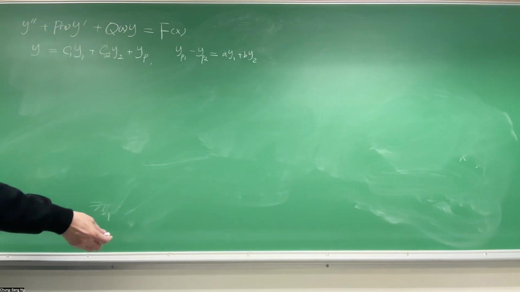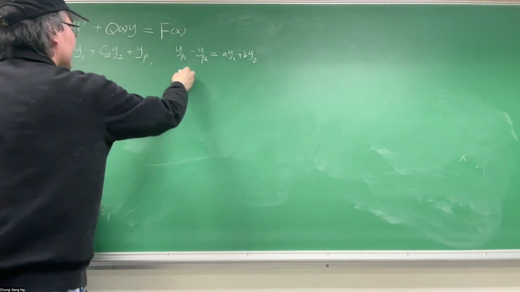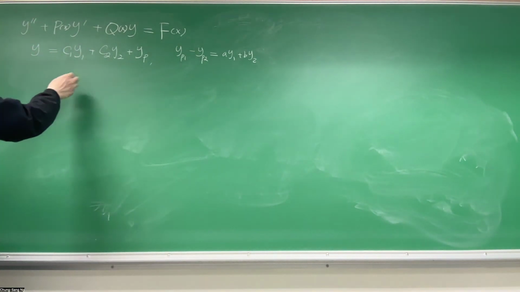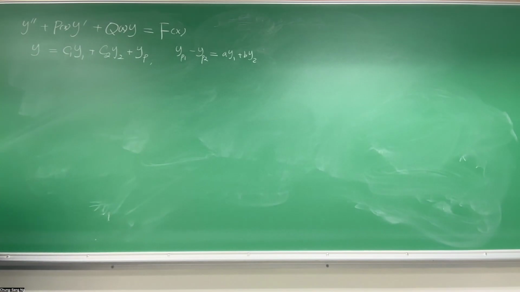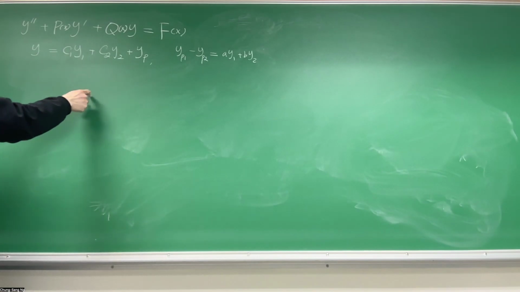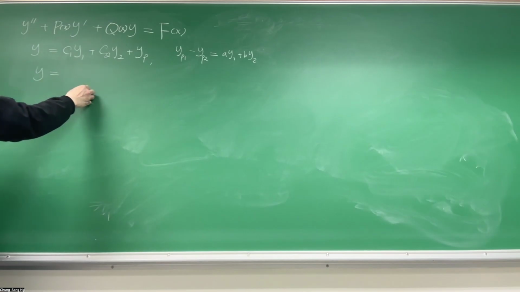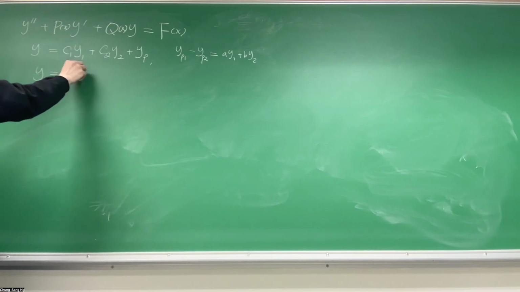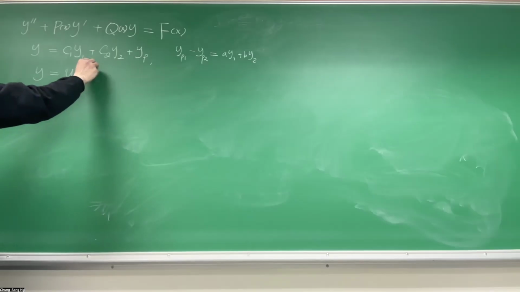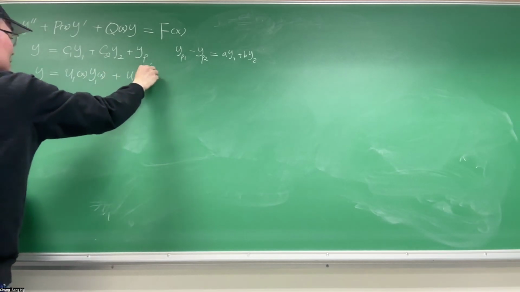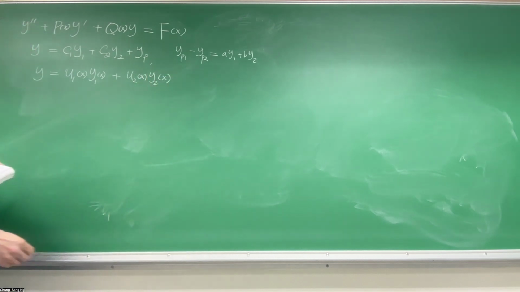Okay, but if you cannot guess that, then this would be a general method. So we assume a particular solution. It doesn't have to be this one, but just assume y has the coefficients now become functions: u sub 1 times y sub 1, which is obviously also a function of x, plus u sub 2 times y sub 2 of x.